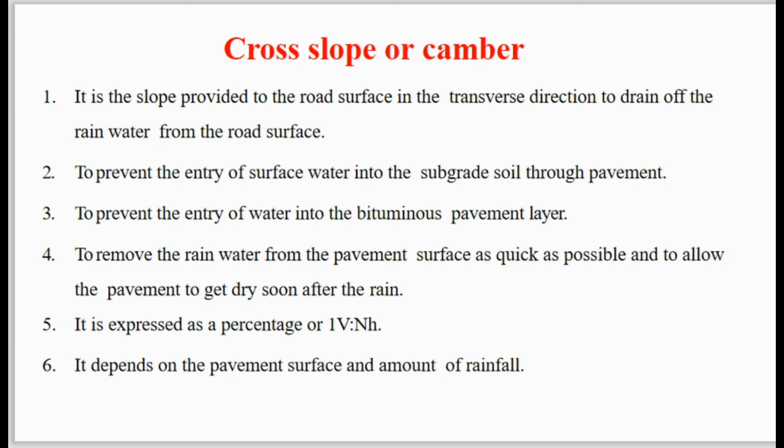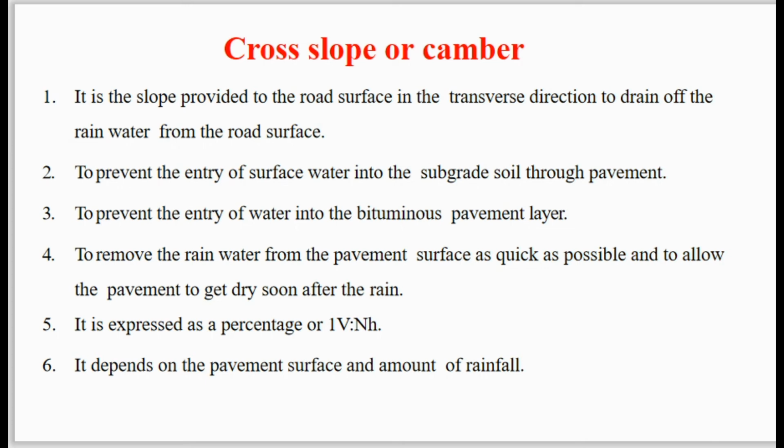And it also prevents the entry of water into the bituminous pavement layer. As we know, if water percolates into the bituminous pavement layer, it weakens the surface of the bitumen and causes potholes. It is also used to remove the rainwater from the pavement surface as quickly as possible and to allow the pavement to get dry soon after the rains.